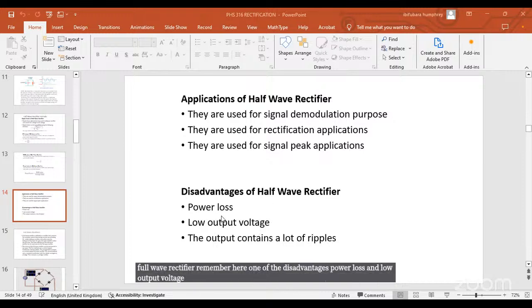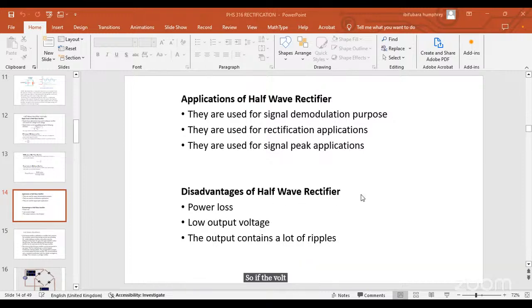So if the voltage at the output is low, it means that the power will be low. And if the power is low, that is at the output, remember, the efficiency is output power over input power. So if the output is low, the efficiency will be too small. That is the numerator.